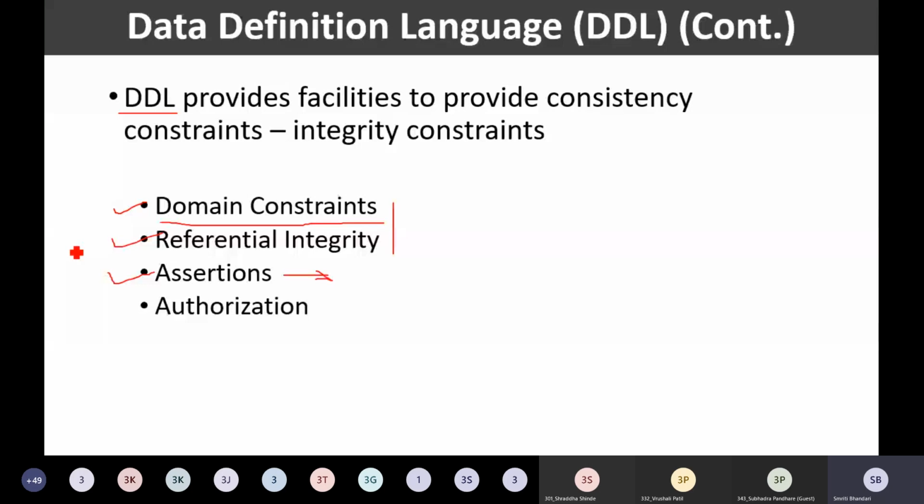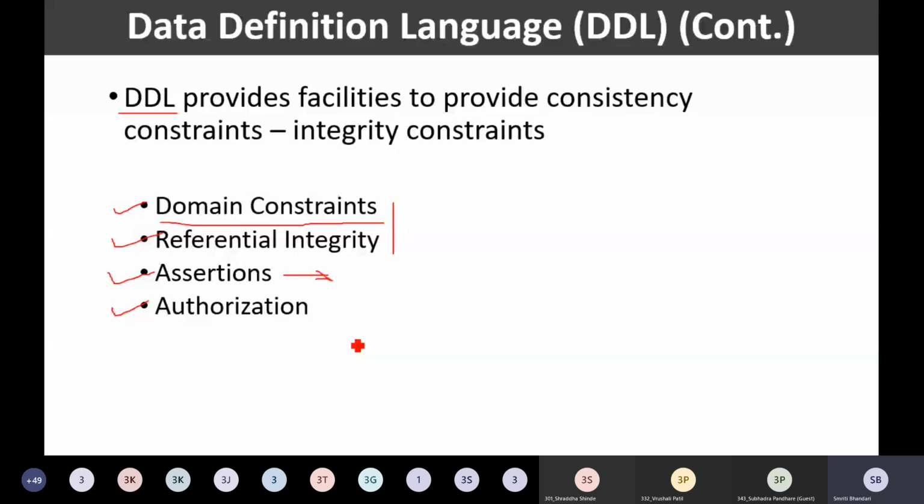And the last integrity constraint that I'm introducing to you right now is known as the authorization constraint. Authorization constraint is required to give rights to various kinds of users.